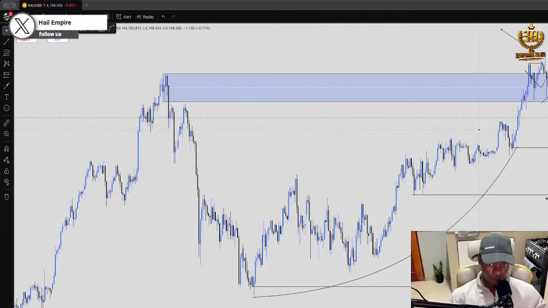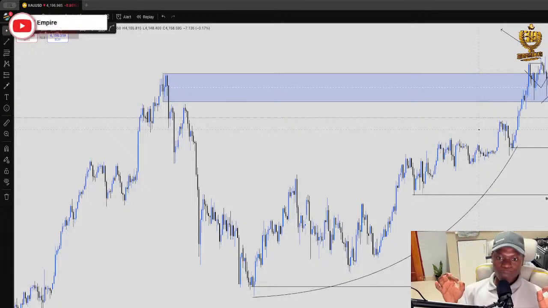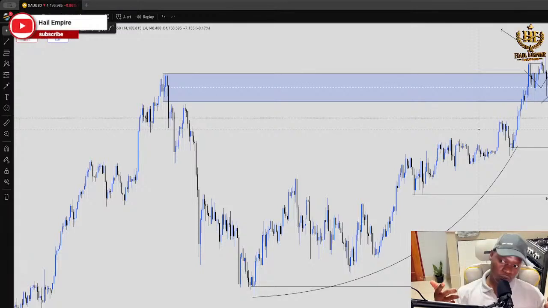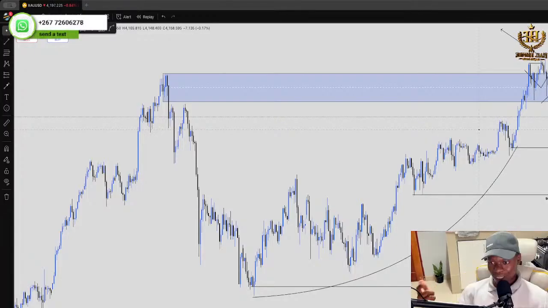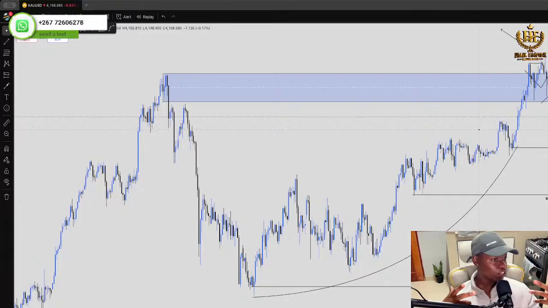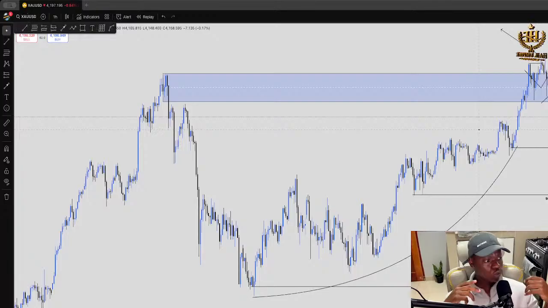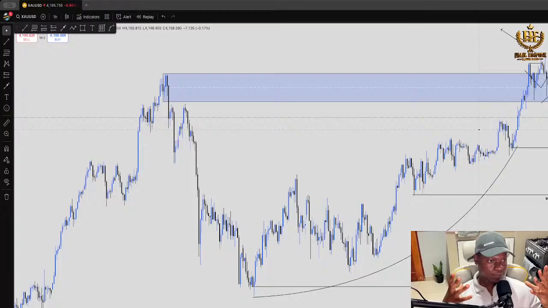Without you understanding what kind of particular candlestick tells you that the market is likely to turn from here, the market is likely to be bullish from here, the market is likely to be bearish from here, you'll be a trader who analyzes the market but doesn't know the entry points. If you have the understanding of candlesticks, then you sharpen your entry points.